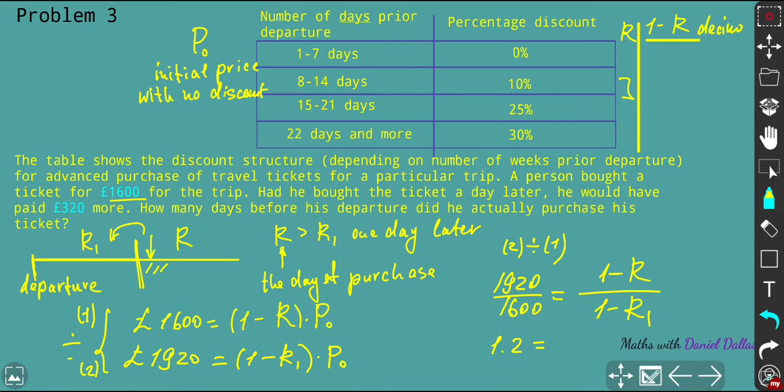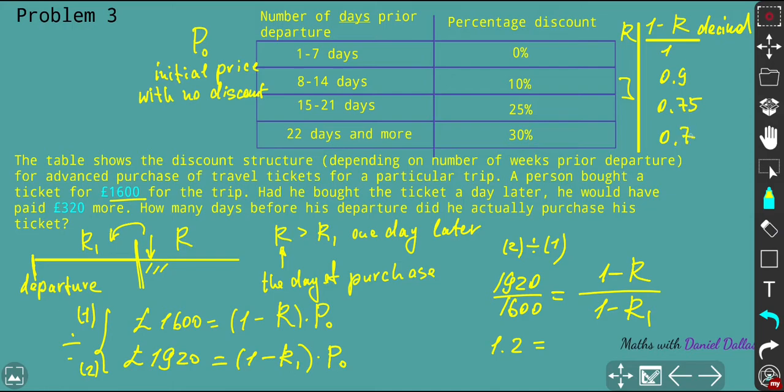Here we're going to have 1 because 0% is still 0. Here it's going to be 90%, but it's going to be 0.9. Here it's going to be 0.75, and the last one is going to be 0.70.